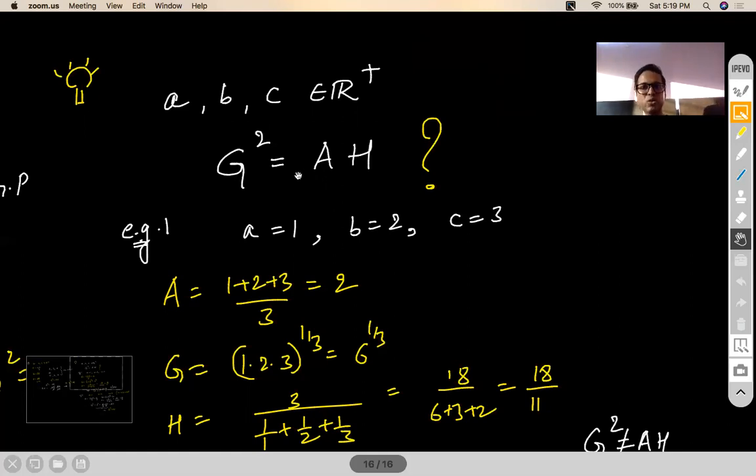If I've taken 2 quantities, no matter what those 2 quantities are, but they should be positive, for any 2 quantities, G square equals A into H is always satisfied. But if you have more than 2 quantities and you want that condition to be satisfied, then the quantities themselves, A, B, C, D, no matter the number of quantities you are taking, should be in a geometric progression.